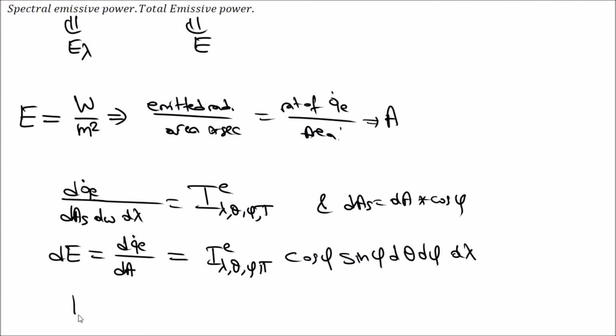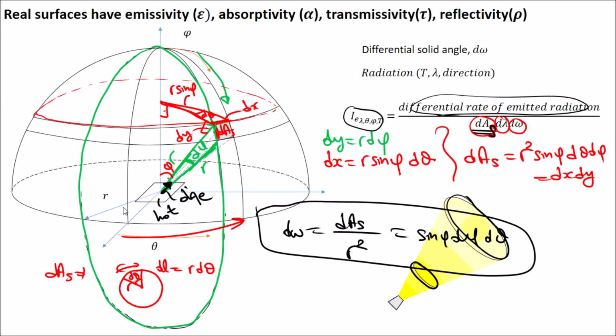But if I want to find the total emissive power, then it will be the integral of this quantity, and to integrate that quantity I will integrate over three variables, which are theta, phi, and lambda. For theta, the integral is taken over all angles, which is 360 degrees. For phi, it will be 90 degrees.